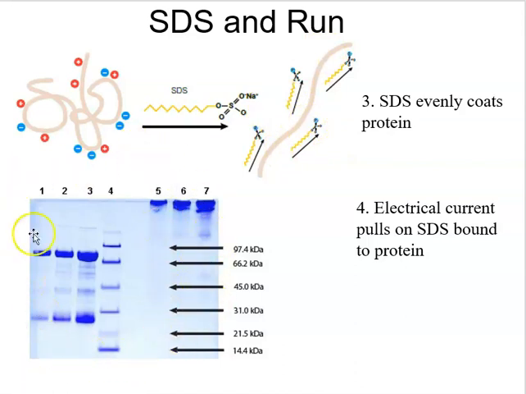These should look familiar to you. We have standards that tell us how big, in kilodaltons, the protein is. Larger proteins don't run as far down the gel, so the larger proteins are on top, and smaller proteins run further down.